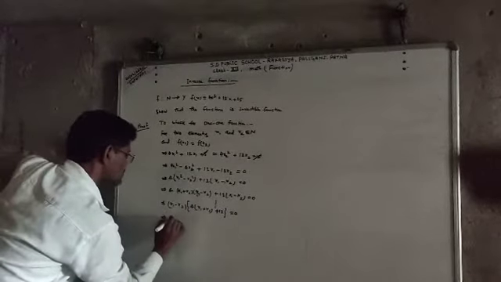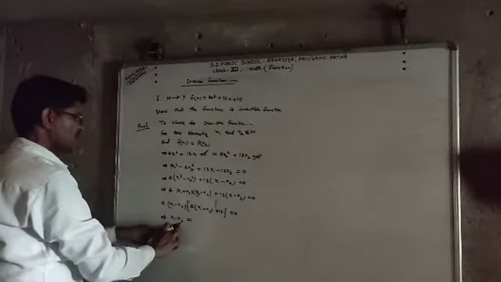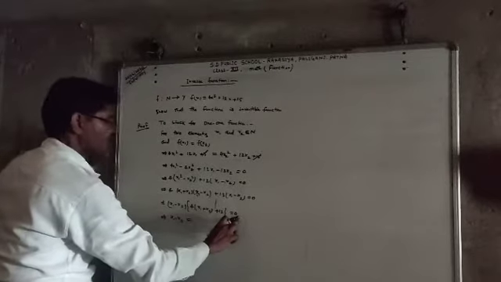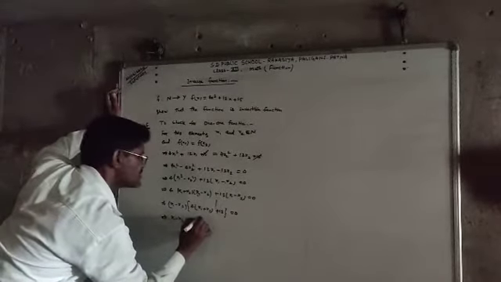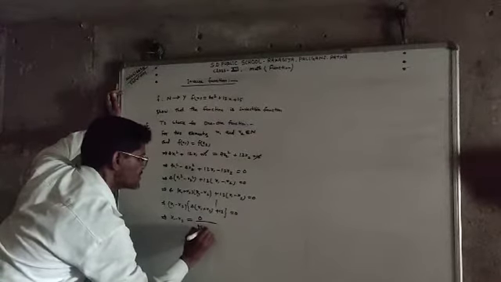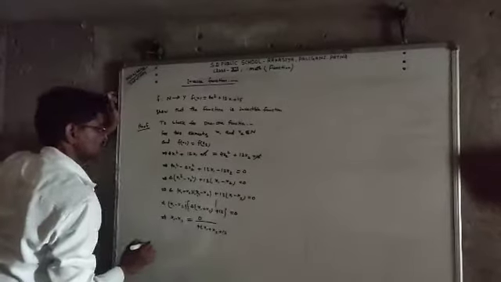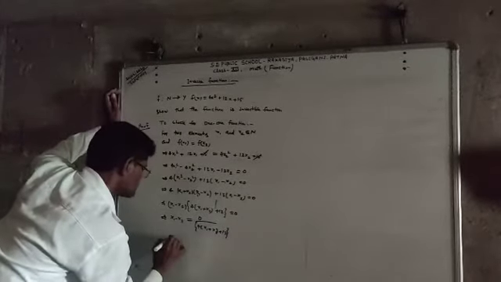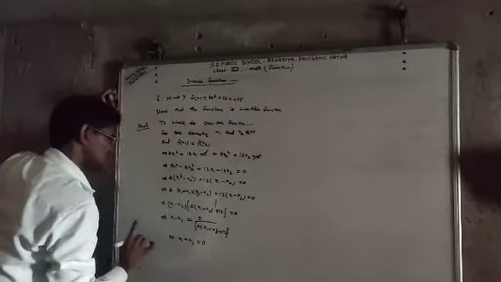Now, x1 minus x2 is taken on one side and the other factor is brought to the second side, so it is 0 divided by 4 into x1 plus x2 plus 12. This implies x1 minus x2 is equal to 0.